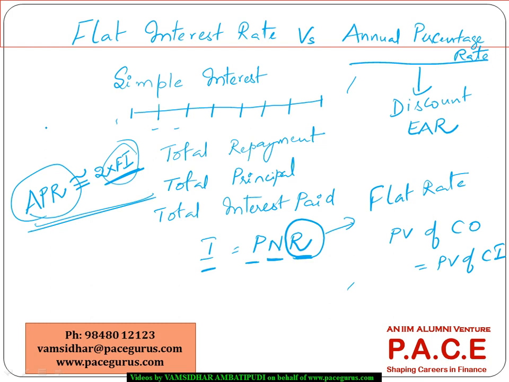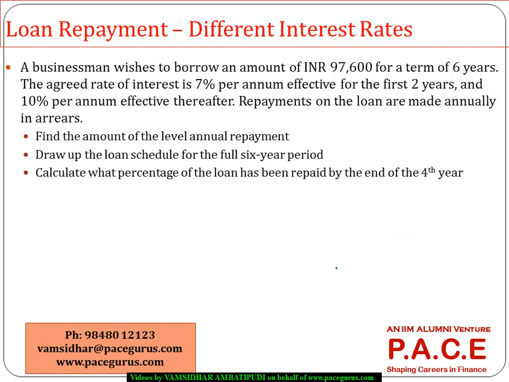All right, now let's look at the loan computation, the repayment EMI computation, or equal installment, annuity computation for a loan repayment, especially when the interest rates are different for different periods.